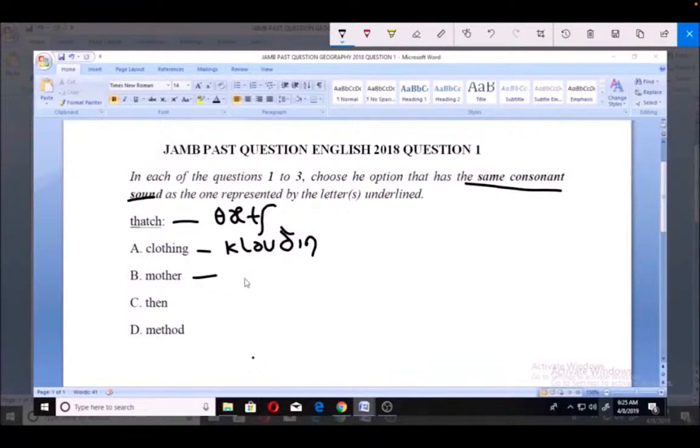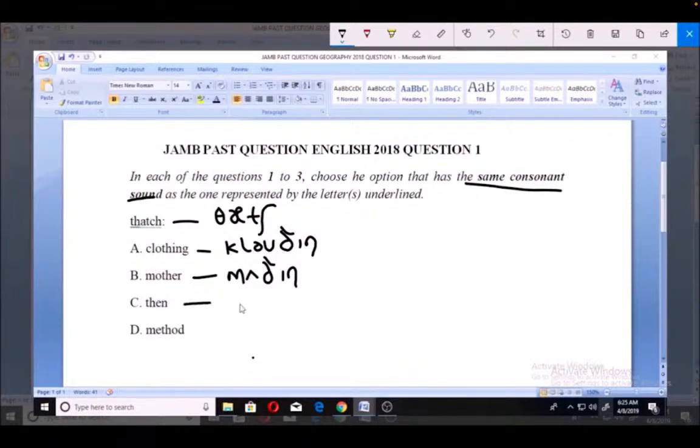Then for mother, we have the M sound, short u, then the th sound, E sound and R sound.